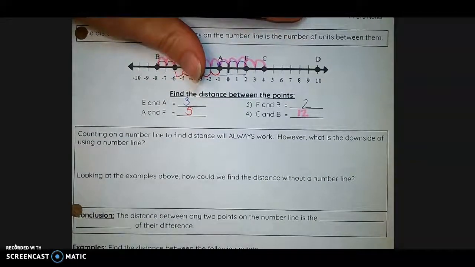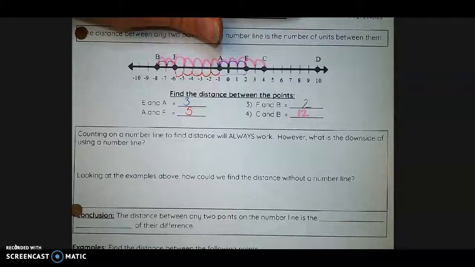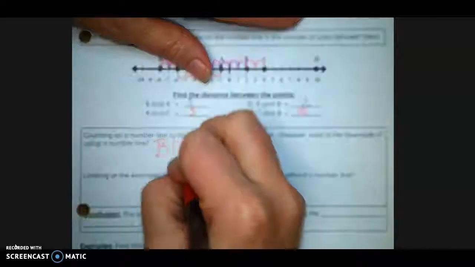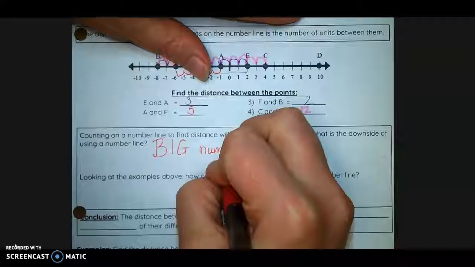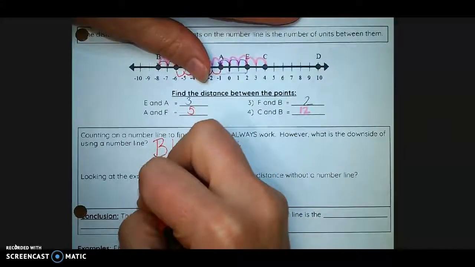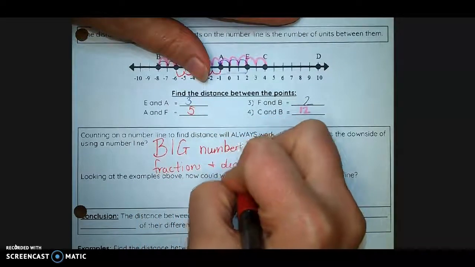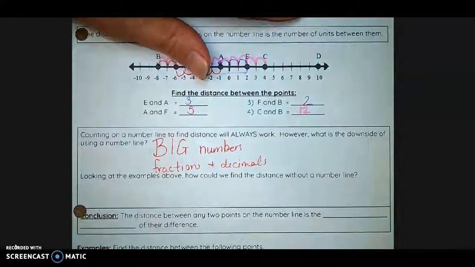Or sometimes you've got fractions and you need to find common denominators to figure out what you're going to divide up your fraction by, your decimal. So some drawbacks to the number line are big numbers, and then fractions and decimals can be a bit tricky on the number line.